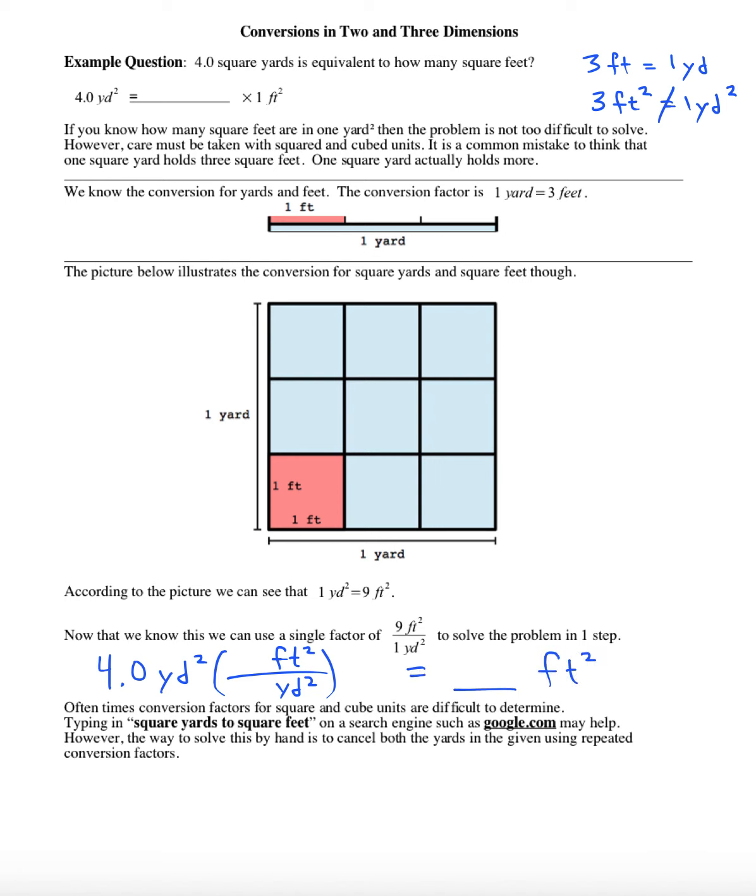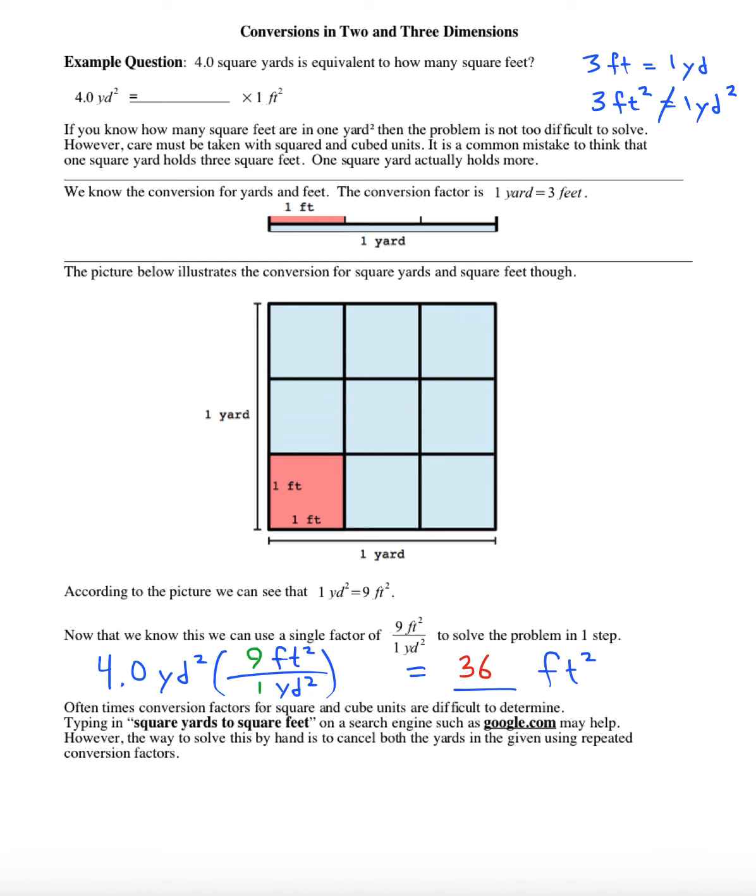That would be the setup. And we'd have to say that we know now that there are 9 square feet in every square yard. And then we could solve the problem, revealing that the answer would actually be 36. There are 36 square feet in 4 square yards.